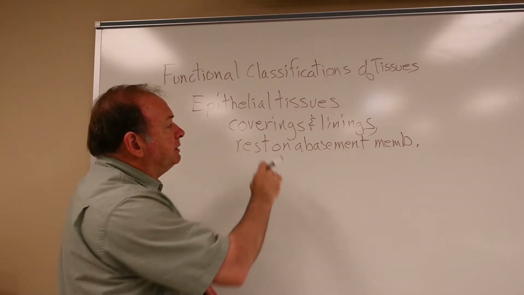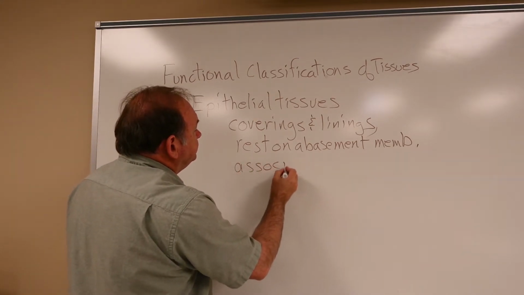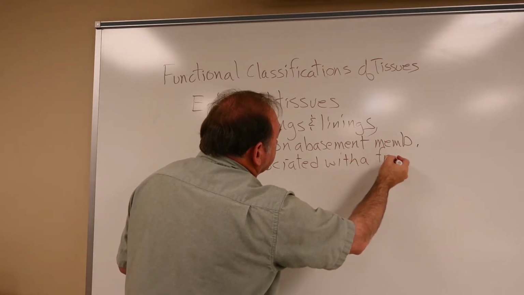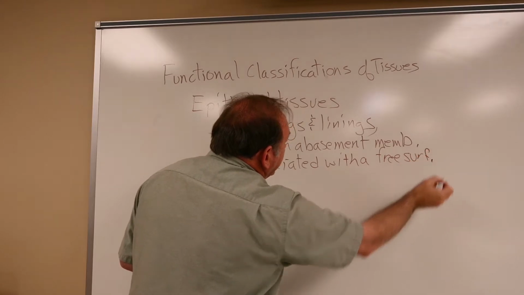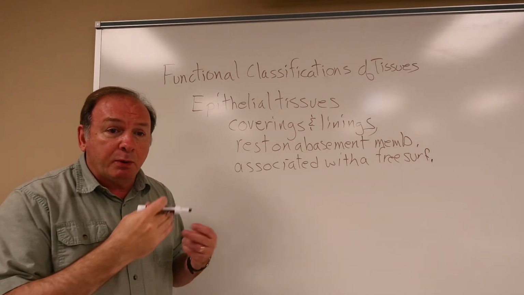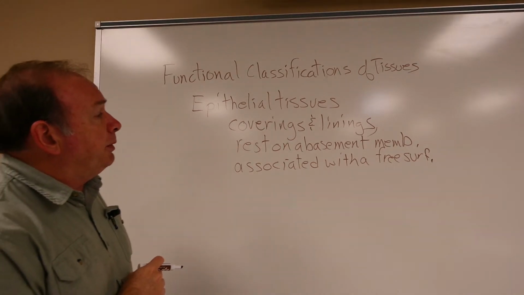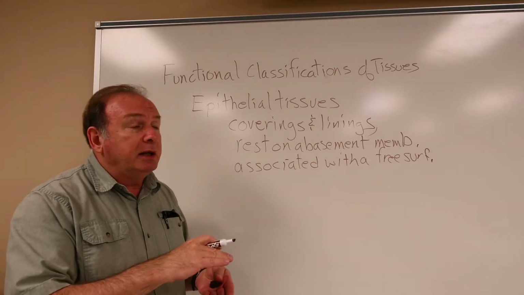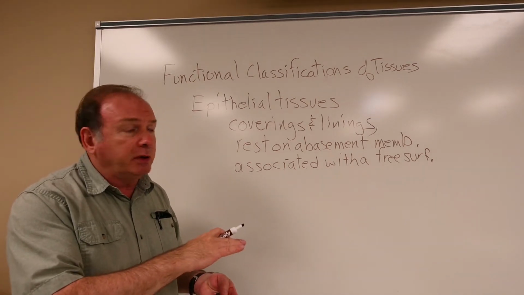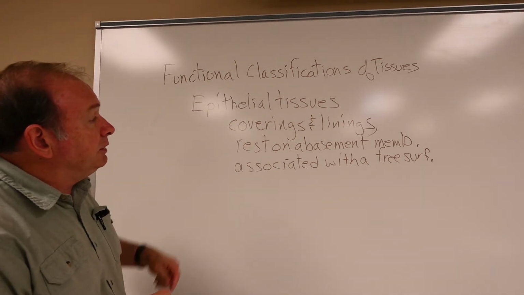And usually, because it's a covering or lining, this is associated with a free surface. Of course your skin has a free surface, but any other cavity in your body would have a free surface side to the epithelium and then a basement membrane side to the epithelium. So this sets up a polarity in any epithelium, a basal portion and a free surface layer of the epithelium. So anyway, these are epithelial tissues.